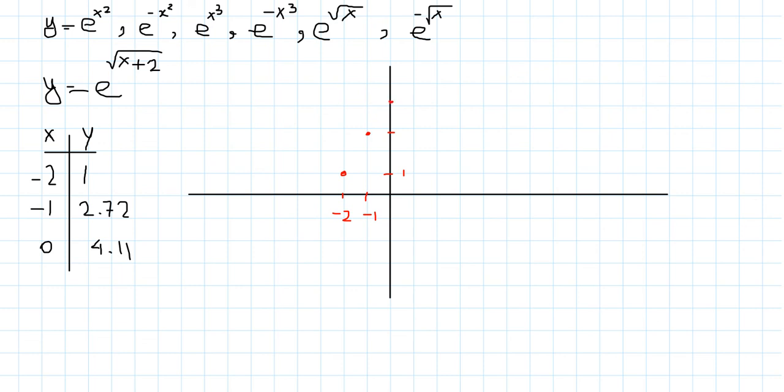It means here 4.11, and here is 2.72. Now I draw the graph easily. It is the graph of e to the radical x plus 2.